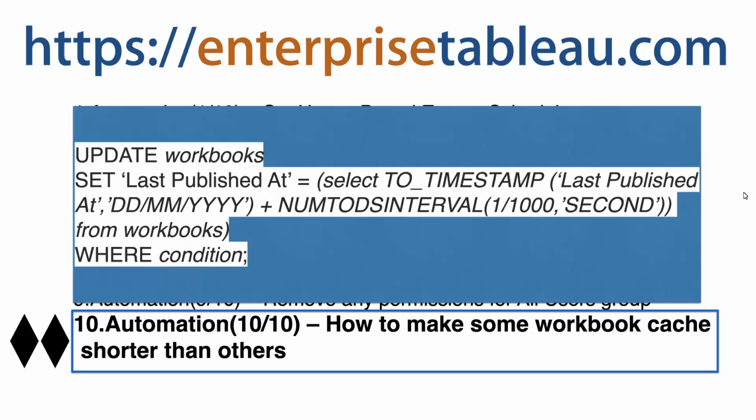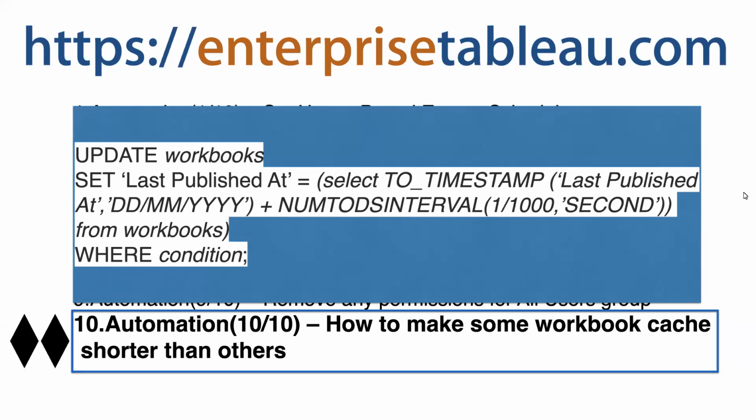To make it simple, it is a simple update to the workbooks table where I add, did I add or minus? I think I add 1 millisecond to a timestamp, last published at.